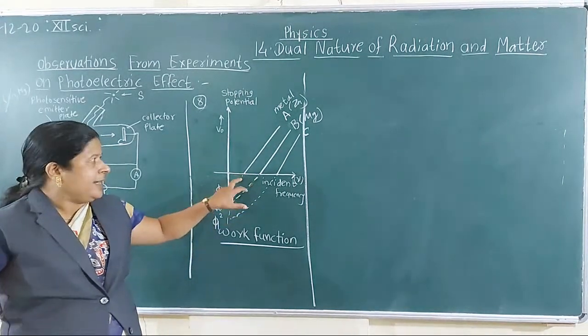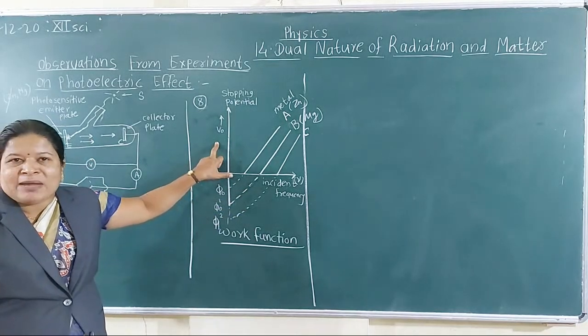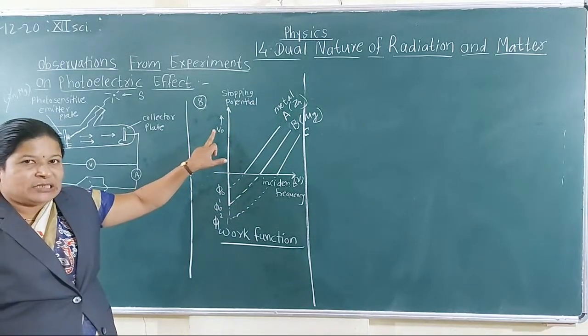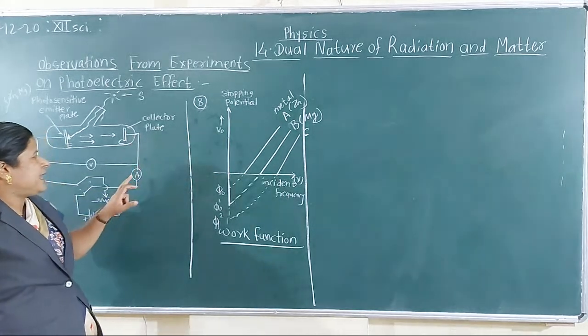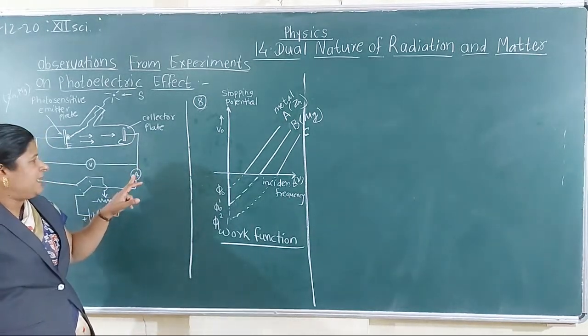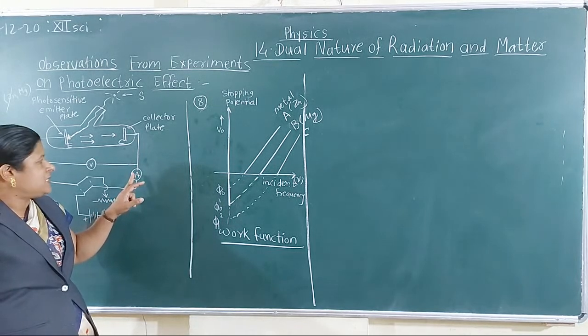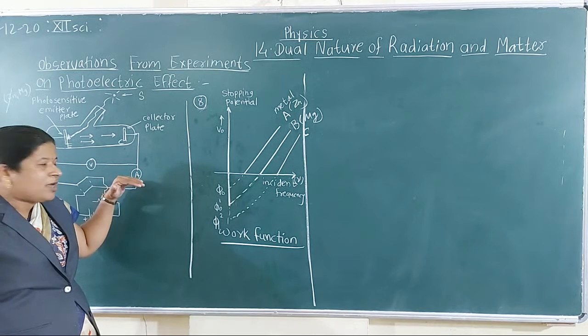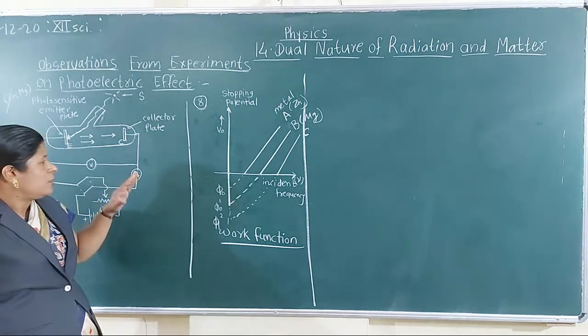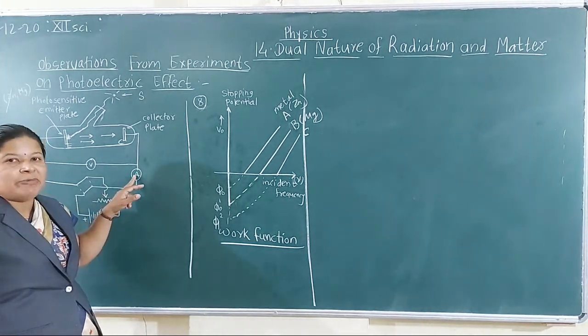Again, the stopping potential V naught means that there is zero current noted in the emitter.